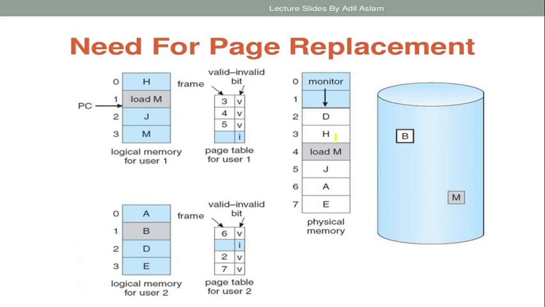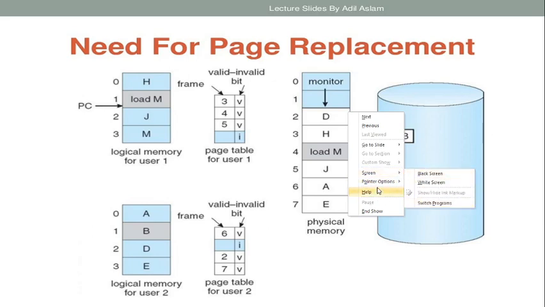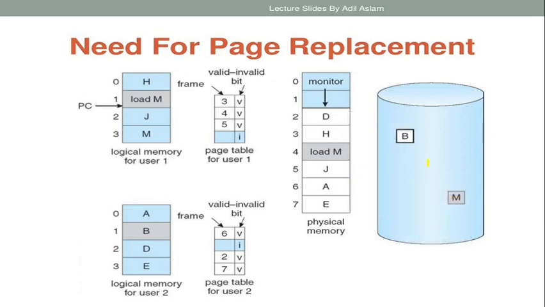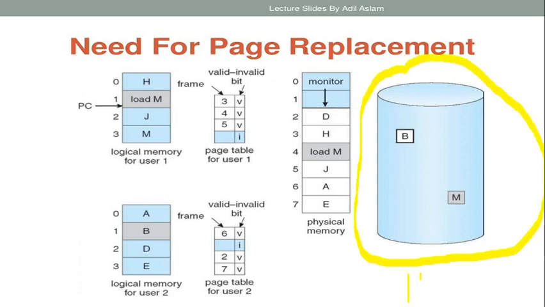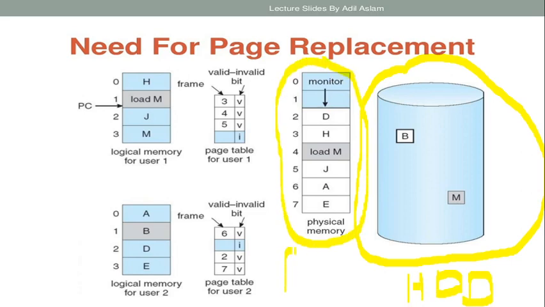As we can see from the diagram, this is a hard disk, or secondary storage, and this is RAM.